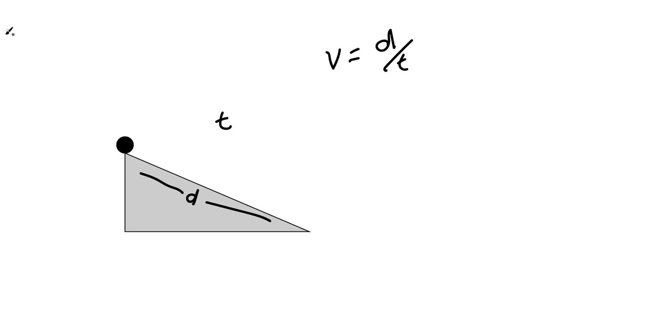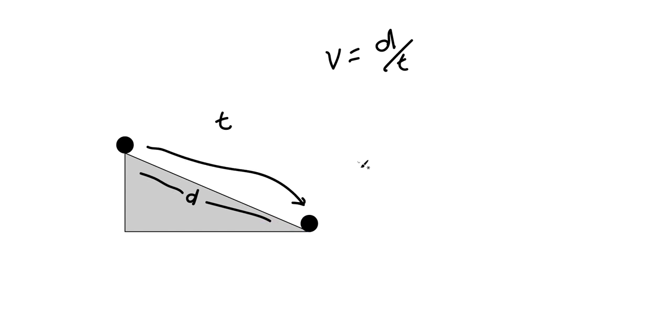So if we grab our ball, it makes the path from the top of the ramp down to the bottom. It travels down the ramp in a certain amount of time, so we can figure out its velocity.